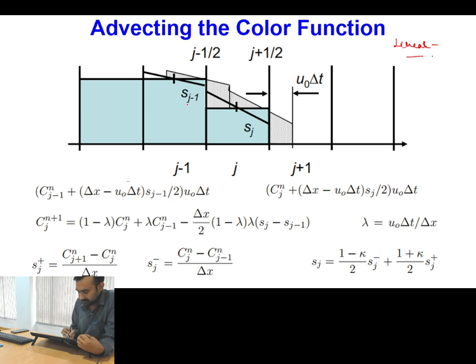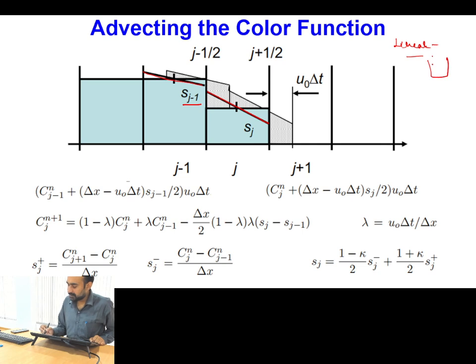Here you can see in cell j minus 1, the value of this slope is s j minus 1, and in the next cell the value is s j. Earlier, what we were doing was defining this with a horizontal line.